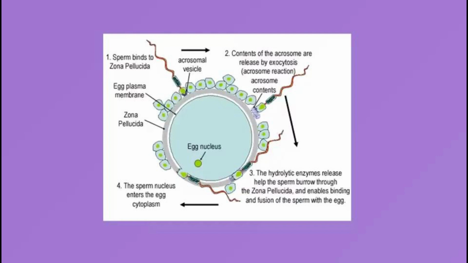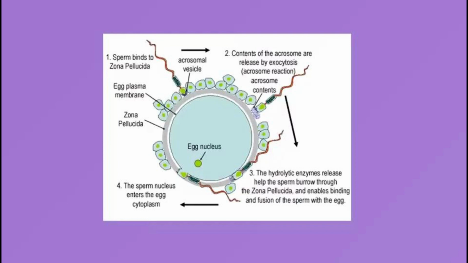When it reaches the membrane of the ovum, or the egg, it releases the sperm nucleus. The haploid nucleus from the sperm is released into the ovum and finally fuses with the egg nucleus to form a full set of chromosomes.